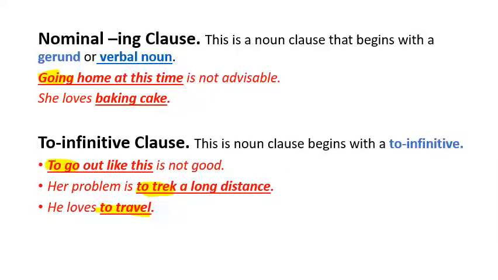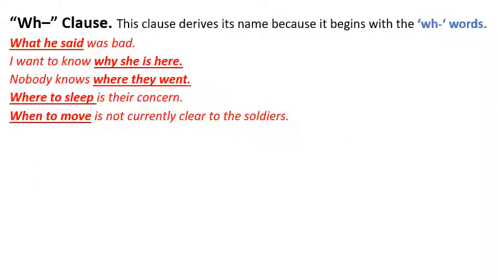Alright. The next one is the WH clause. These are called WH words, and sometimes noun clauses are introduced by these words. What he said was bad. I want to know why she is here.